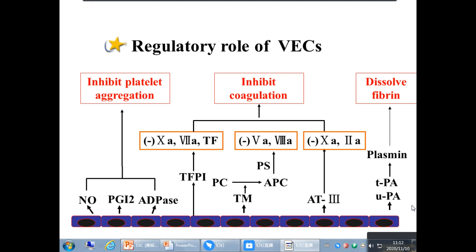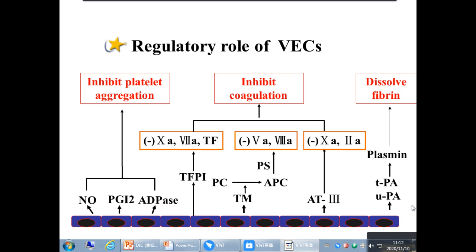Normal VEC can't release tissue factor, but damaged VEC can release tissue factor and stimulate the intrinsic coagulation pathway.